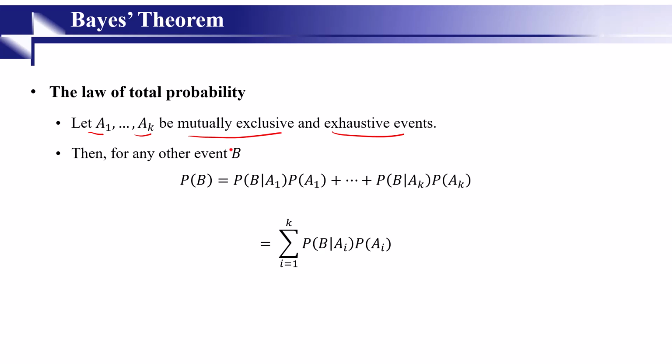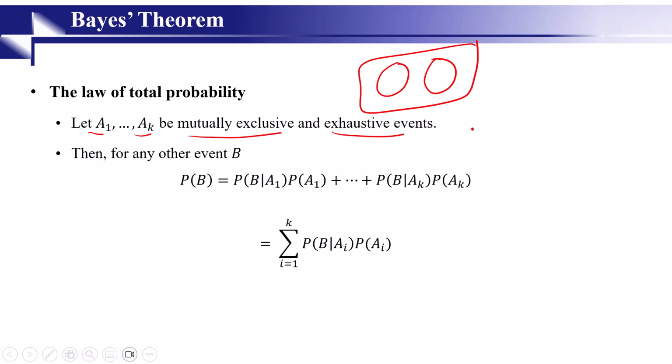This means that no two of the events can happen at the same time, right? They are exclusive. They have no common parts, like what you had already. And exhaustive means that the events together cover all probabilities, right? So it means A plus B is universal, right?